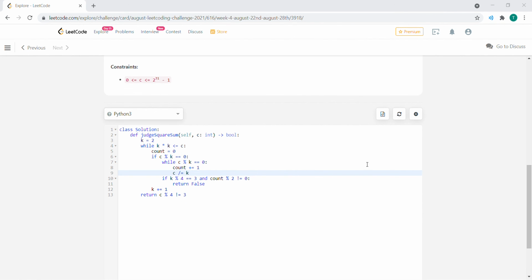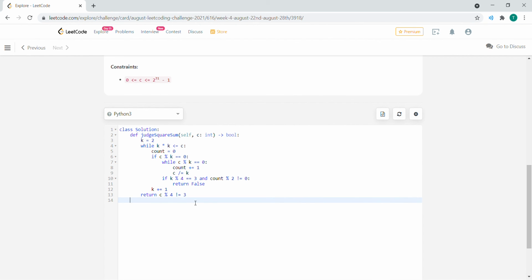The time complexity is big O of square root of c log c. So we find the factors of c using repeated divisions. We check whether k is within the range of 0 to the root of c. So the maximum number of times a factor k can occur is basically log c times, considering 2 is the only factor, where c is equal to 2 to the power of x.